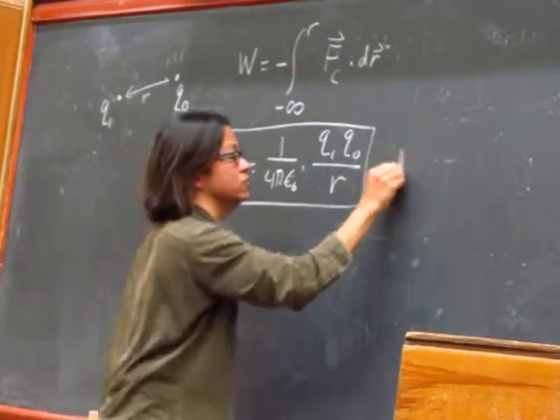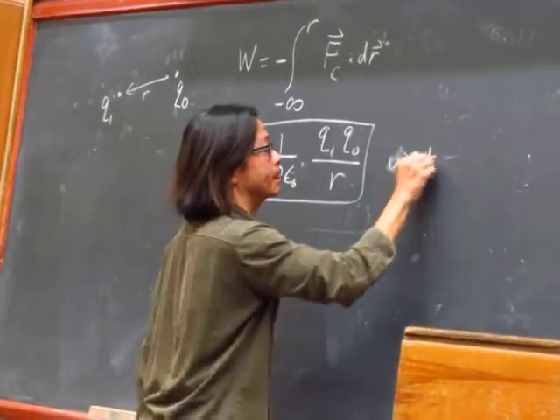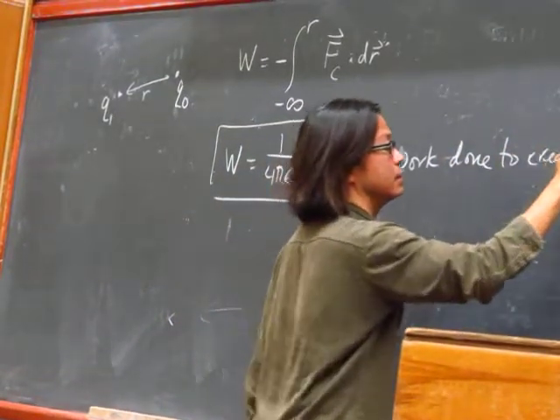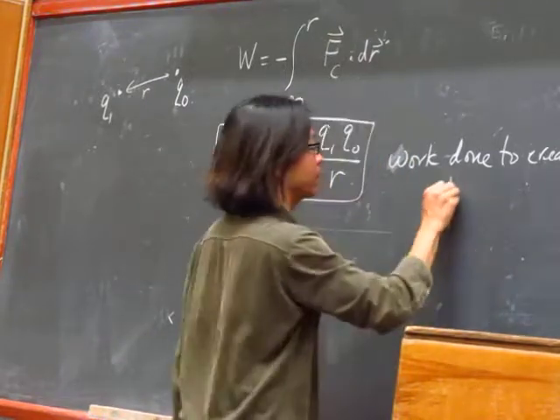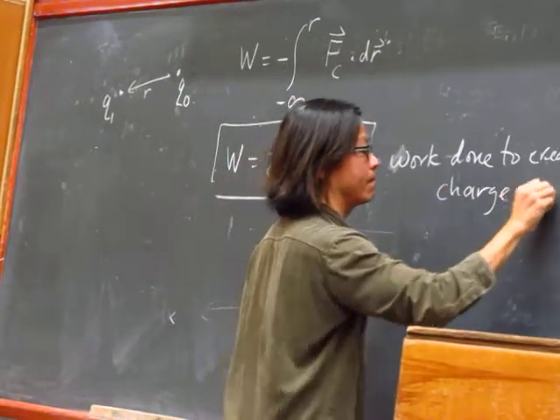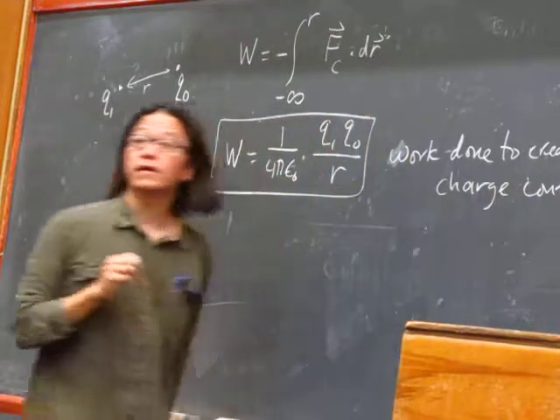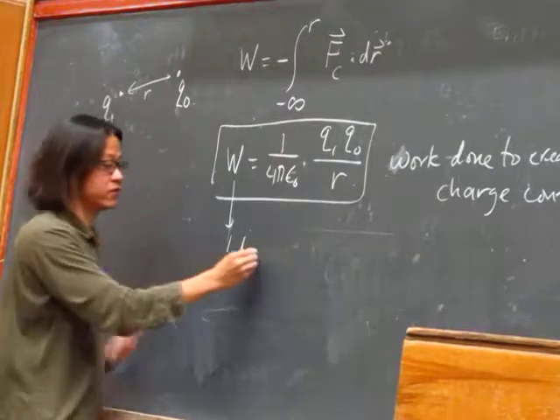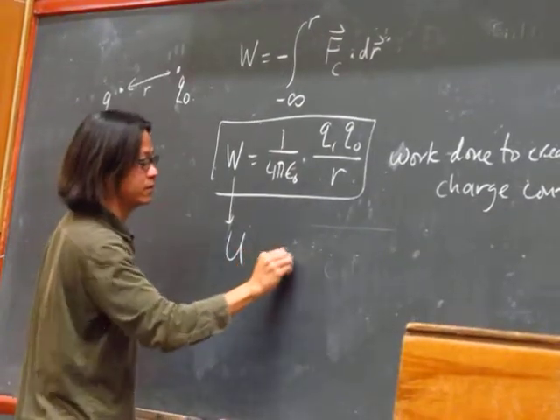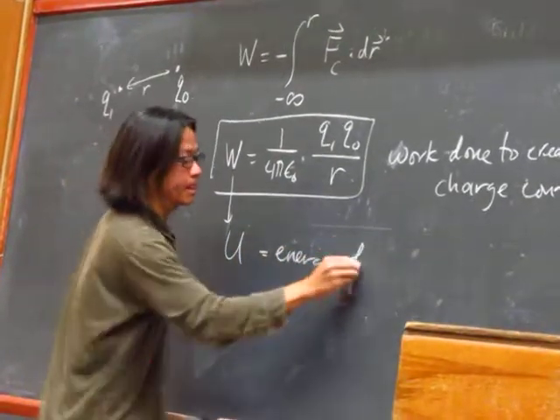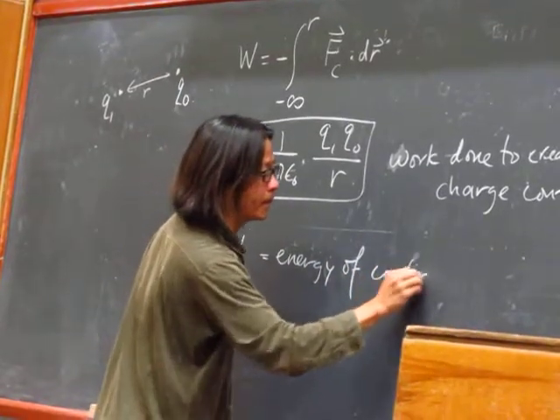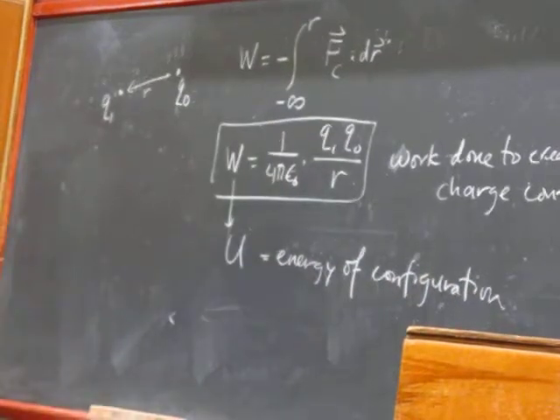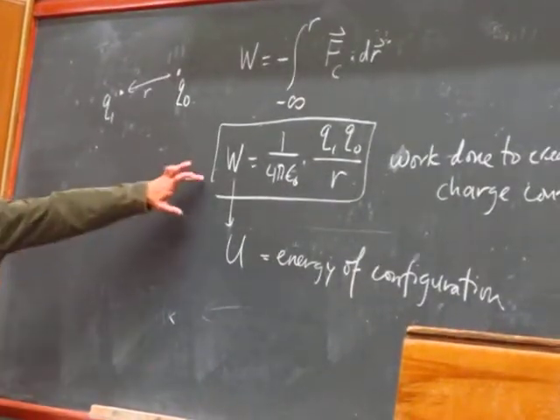This is the work that we do, and this is just equal to the energy. We define this to be the energy of the configuration. It's clear so far?